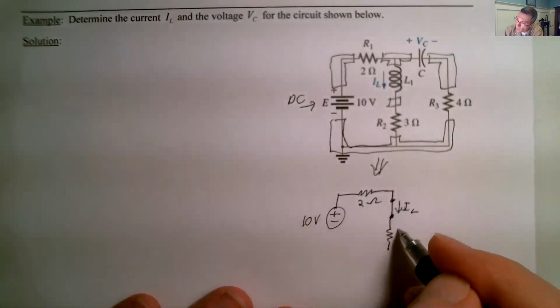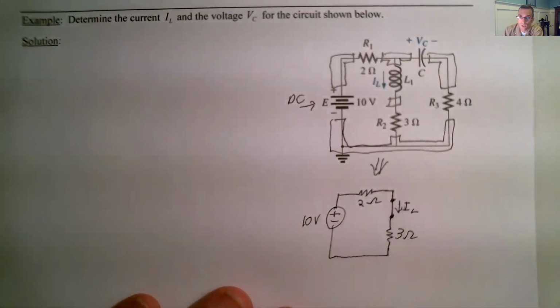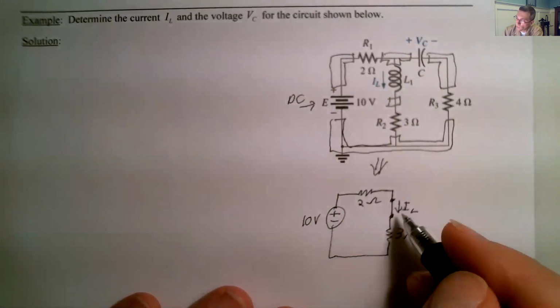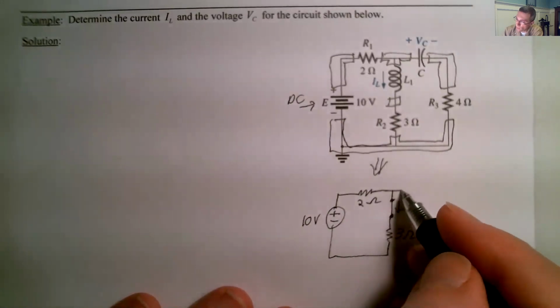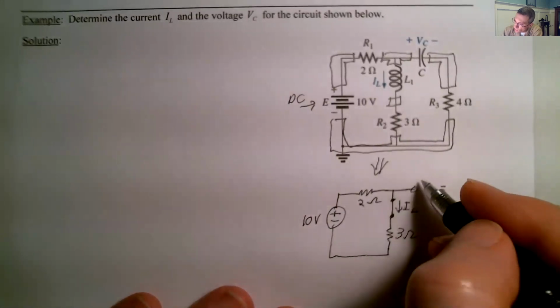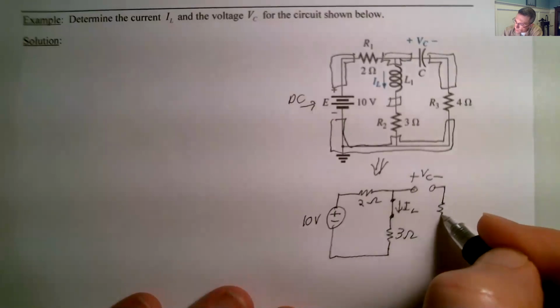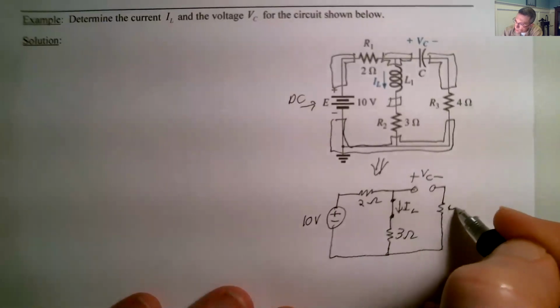Below it is the 3 ohm resistor. I drew the short for the inductor, and now for the capacitor, I draw the open, with plus minus VC. And we've got this 4 ohm resistor over here.